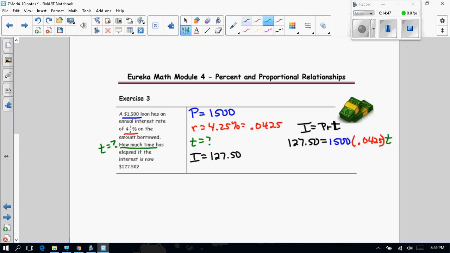Okay, $127.50 is equal to whatever this is, which I find out is 63.75 times time. So if I divide by 63.75, I find out that time is 2, right? So 2 years.